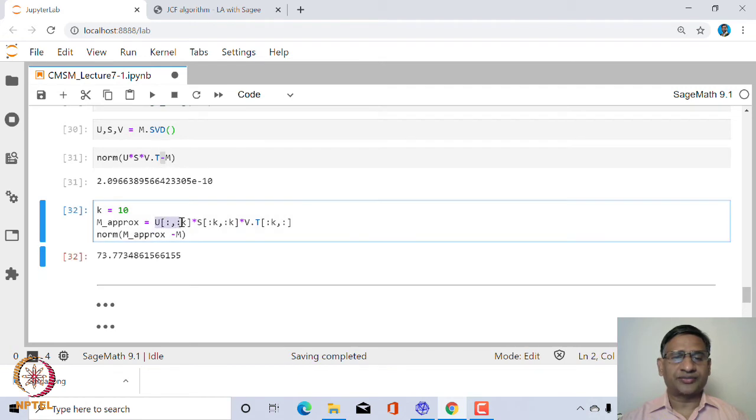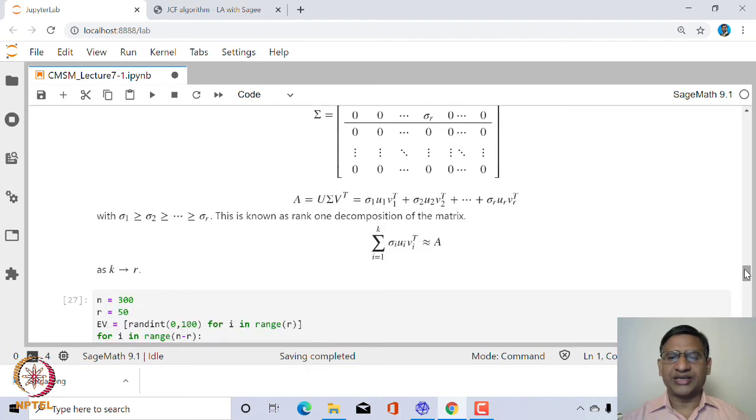You take all the rows and the first k columns of U, then take the first k rows and k columns of S, and then take only the first k rows of V transpose. Here k is 10. So, we are taking the first 10 elements in this sum, right.